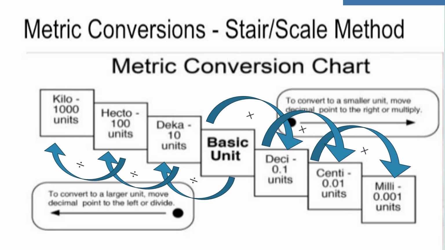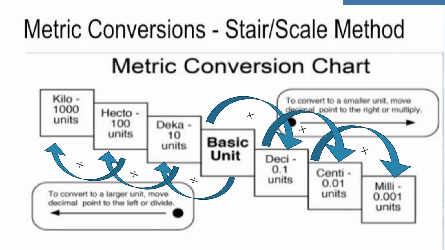How can you convert the 10 grams into kilograms? The kilo is 1,000 grams. The 10 grams is much smaller. So to go from that, I am moving that decimal 1, 2, and 3.